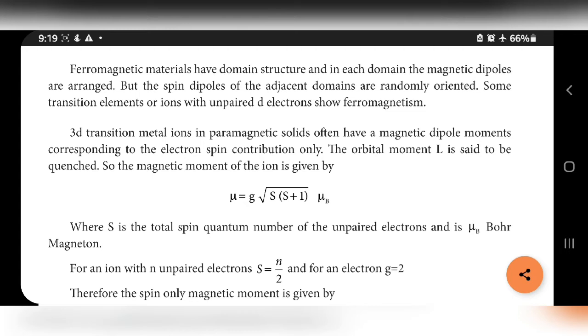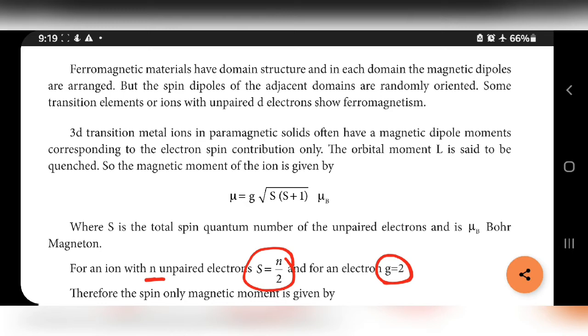For an ion, if n unpaired electrons are present, then S is equal to n by 2 and g is equal to 2.